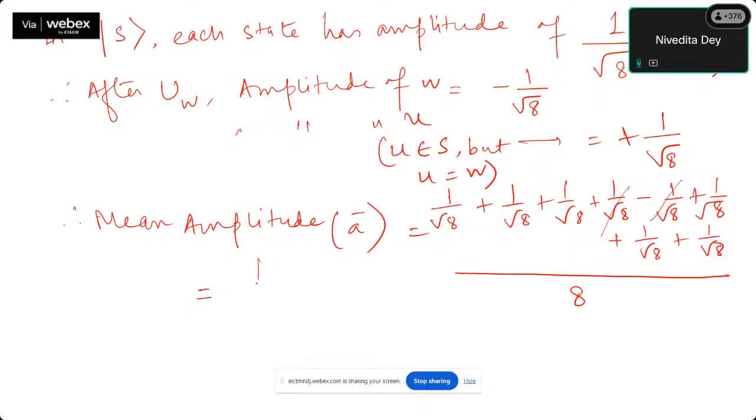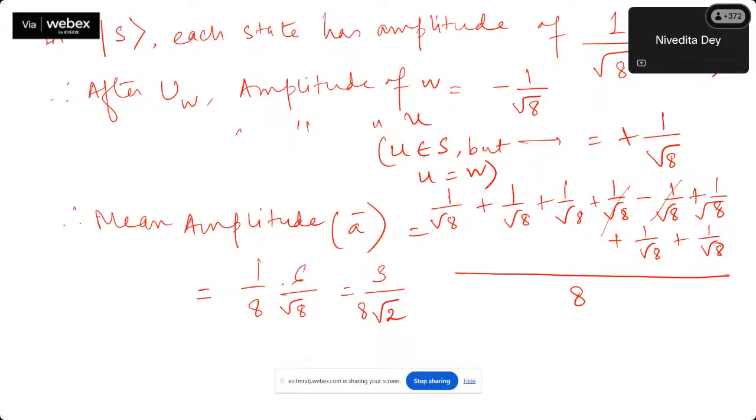So this is 1 by 8 into 6 by root 8, which is nothing but 3 by 8 root 2, or you can also write 6 by 8 root 8, no issue.